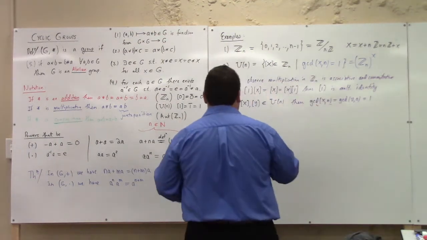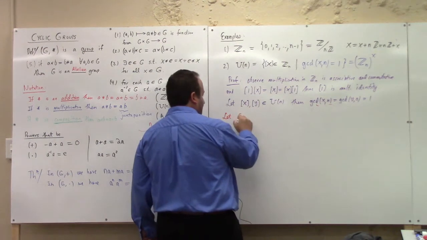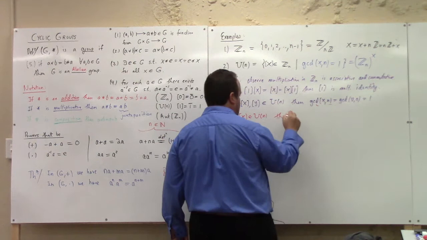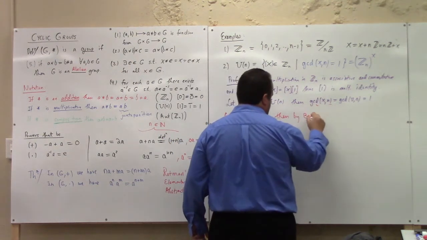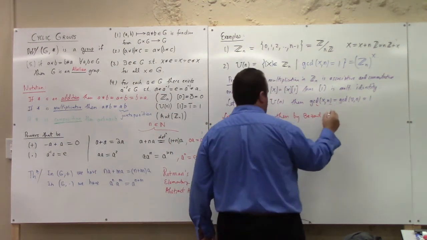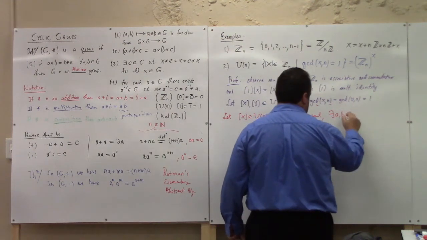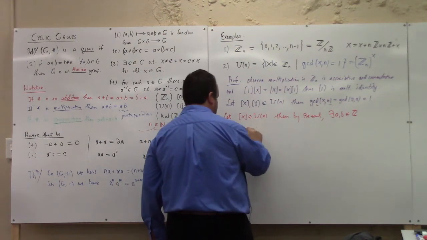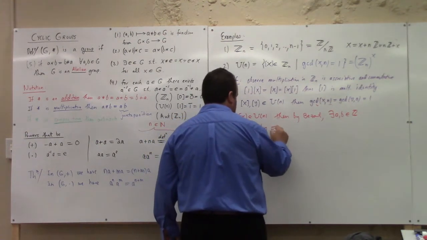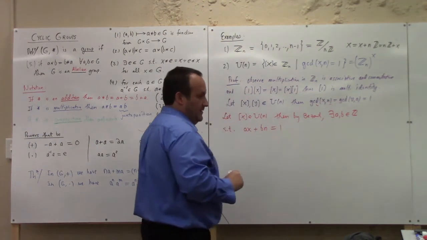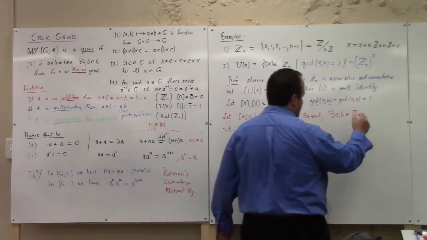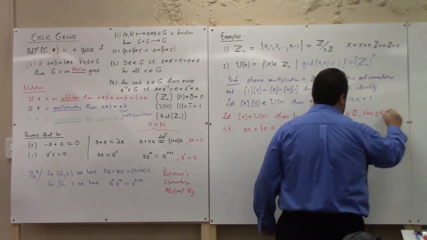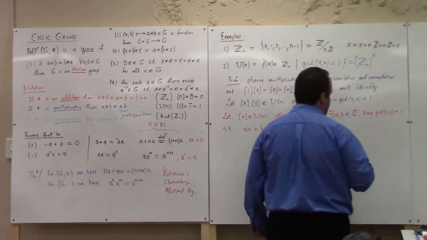Identity, inverse. Inverse. So let x be an element of Un, right? Then by Bezout, there exist a and b in the integers such that ax plus bn equals 1, since the GCD of x and n is 1 by assumption.